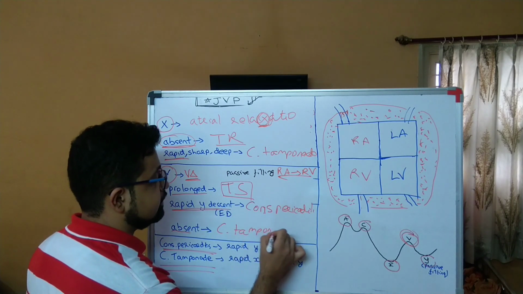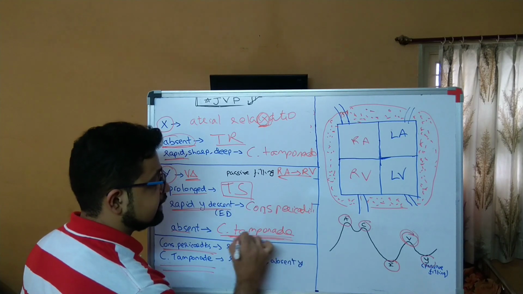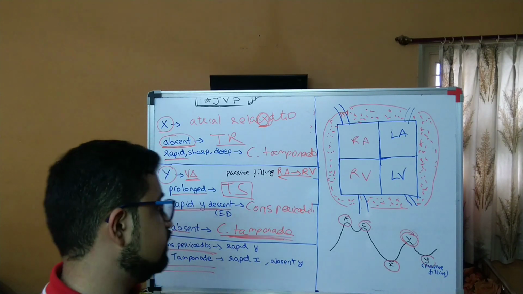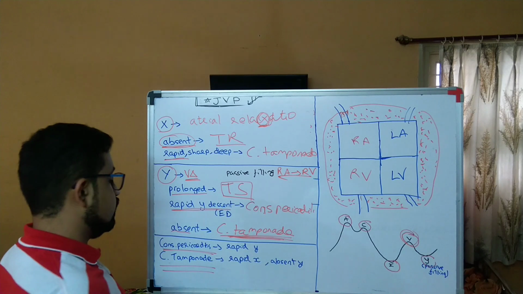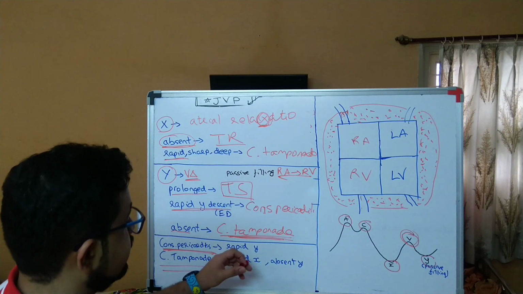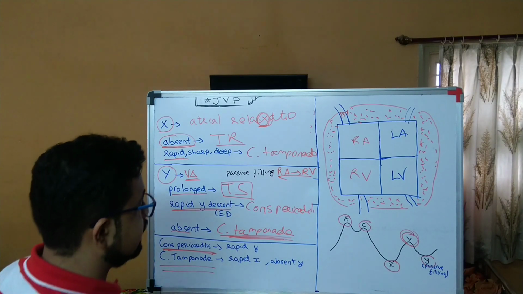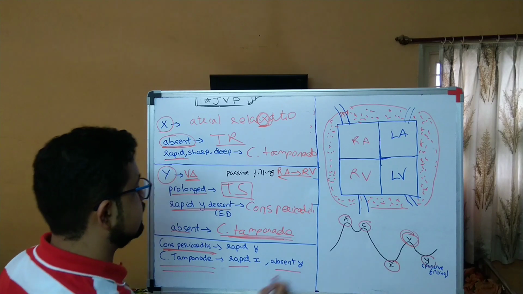Am I making sense? These two descents are very important because they clinch the diagnosis of important conditions in cardiology, right? So in constrictive pericarditis, what do you get? You get a rapid Y descent. In cardiac tamponade, what do you get? You get a rapid X descent and absent Y descent, right?